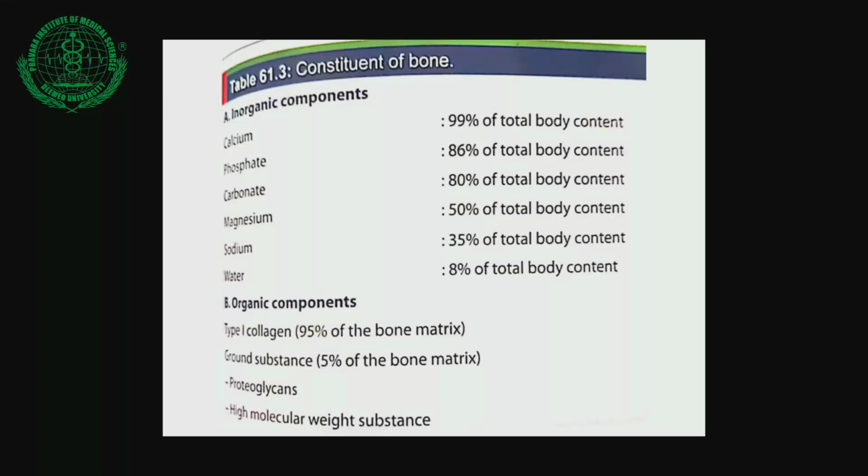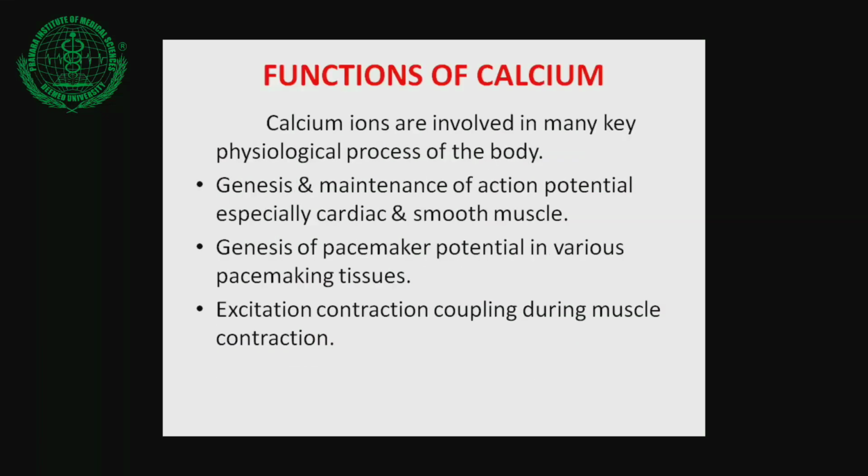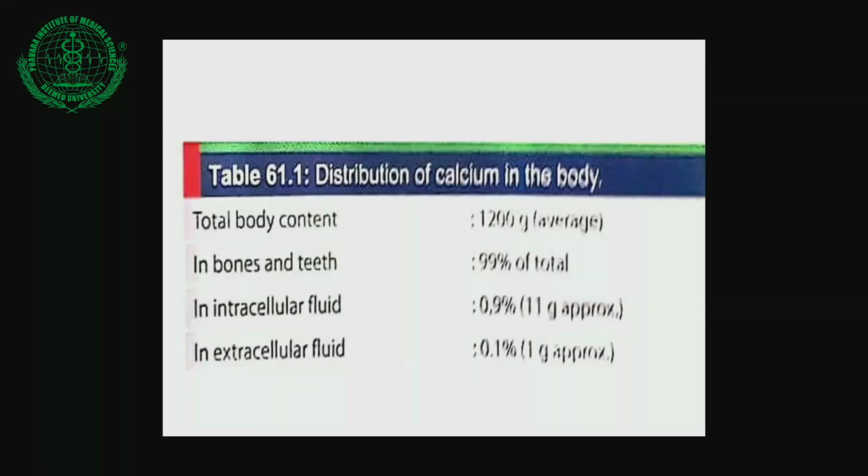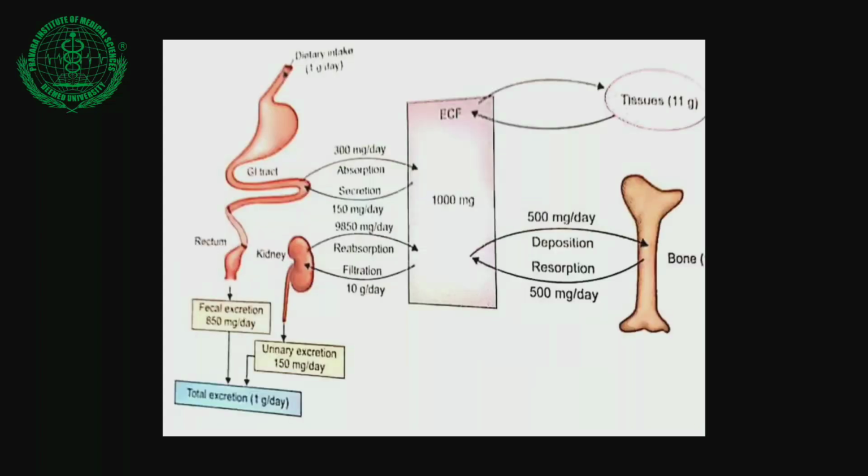So coming to these important functions you all studied about the calcium, coming to the metabolism of the calcium. Calcium metabolism is a topic of how the calcium is utilized in the body.